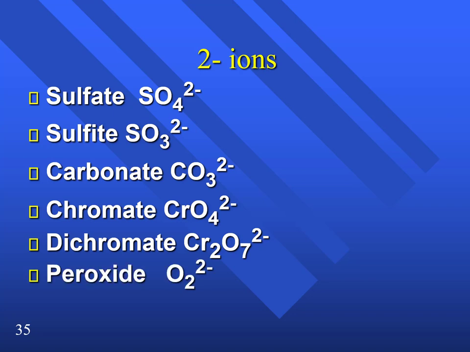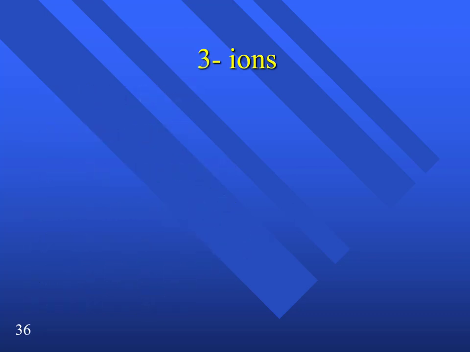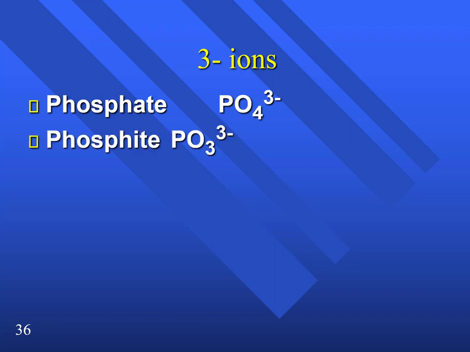Oh, here's peroxide on the list, but that's how they got peroxide. They took oxide and added another oxygen to it. Peroxide. Oxalate, you just have to remember. Some are based on old names. 3 minus, there's phosphate, and then there's phosphite, arsenate.